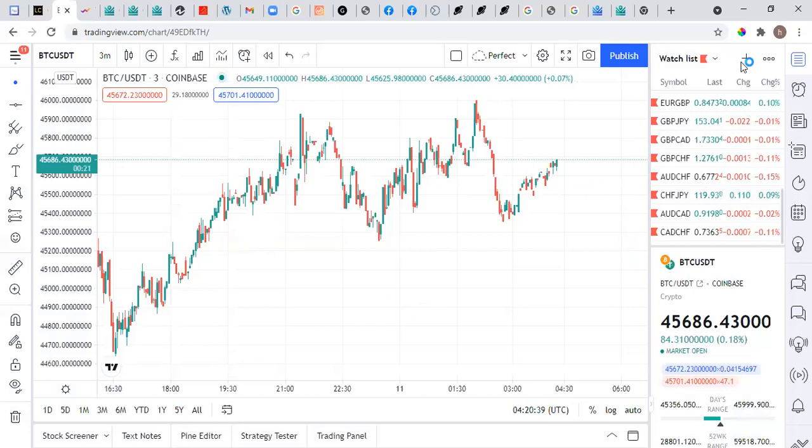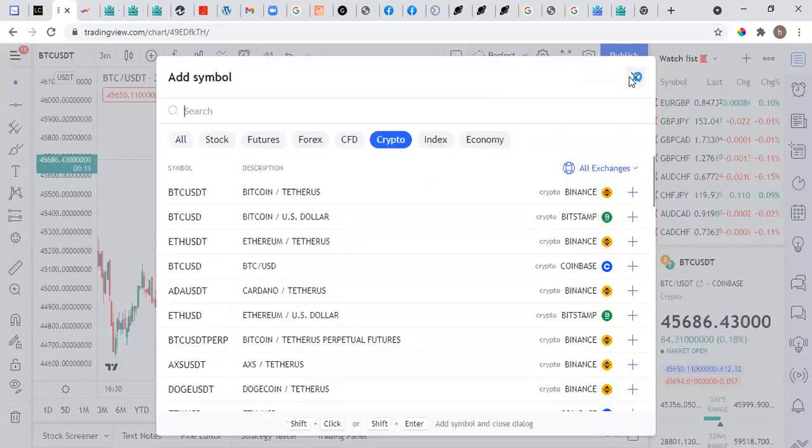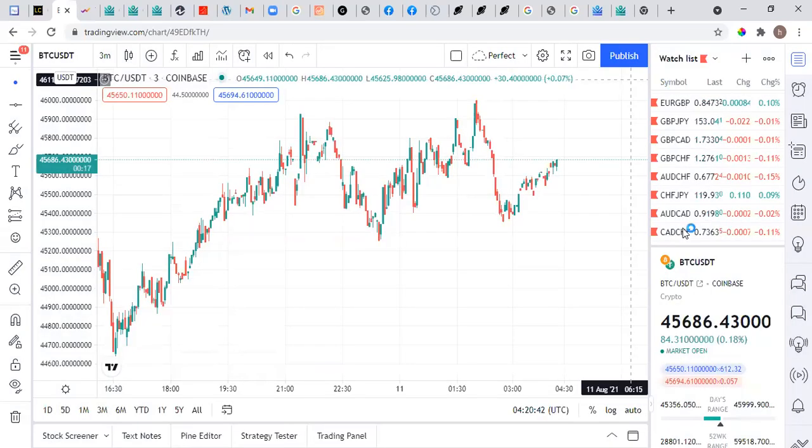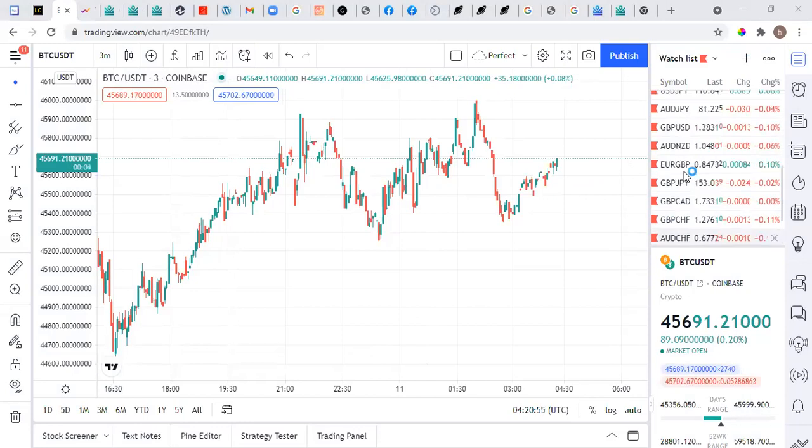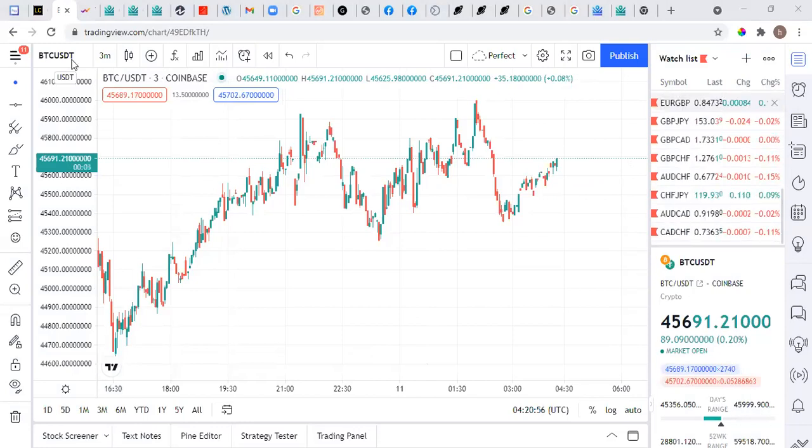The same way, this watch list helps me to keep track of currency pairs I've added before. So I don't have to come here to search and search again.